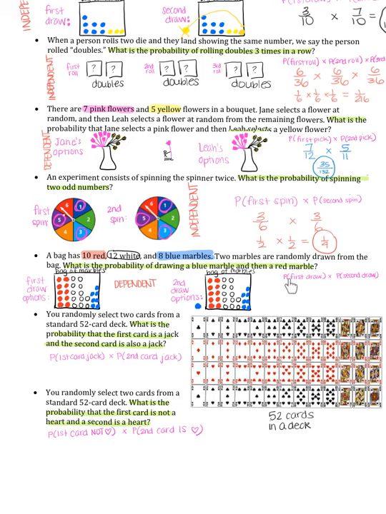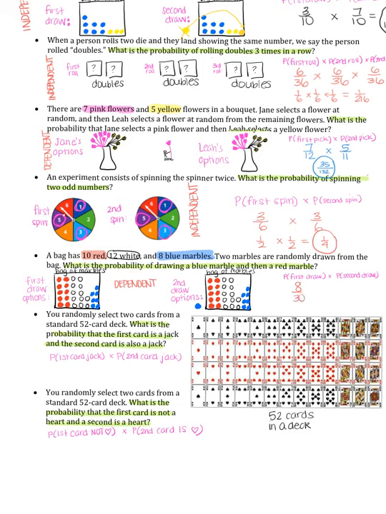And we will calculate the probabilities of each. The probability of the first draw, meaning drawing a blue marble first, would be 8 blue marbles out of 30 total marbles, 10 plus 12 plus 8. 8 out of 30.